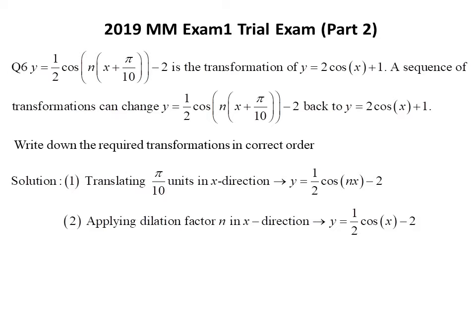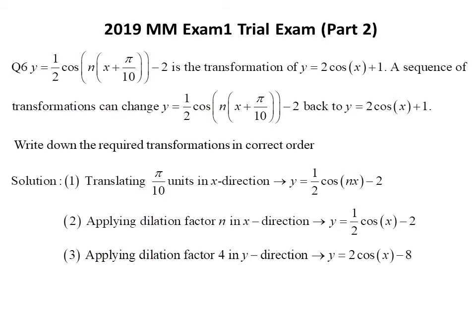The translated function is also displayed on the right side. The next step is to apply dilation factor 4 in y direction, and the result is shown on the right side. Finally, we translate the function 9 units in y direction, and this is the required function we can obtain.